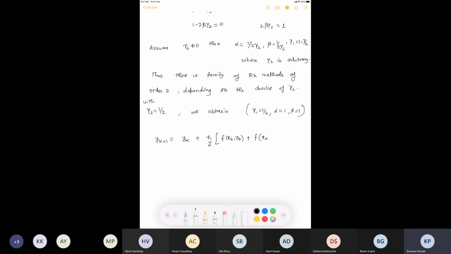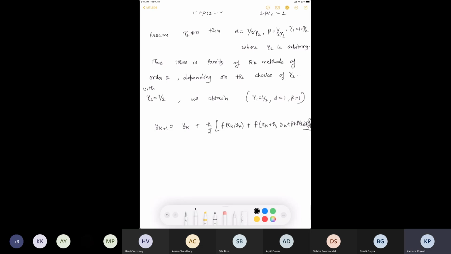So we will get x_k plus h and y_k plus beta h. Right? And I think you already identified this method, isn't it? This is the same as Heun's method of order 2.